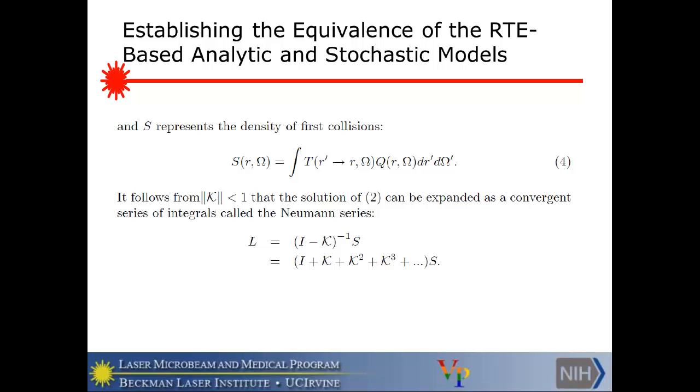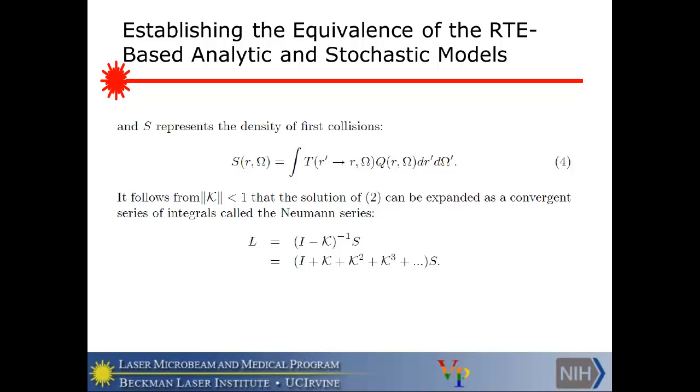We find the radiance by looking at those particles that are transported to their location and direction directly from the source, that's S. Those that are transported to the same location, same direction, with one intervening collision, that's the second term, then another collision, and then another collision, and so on.